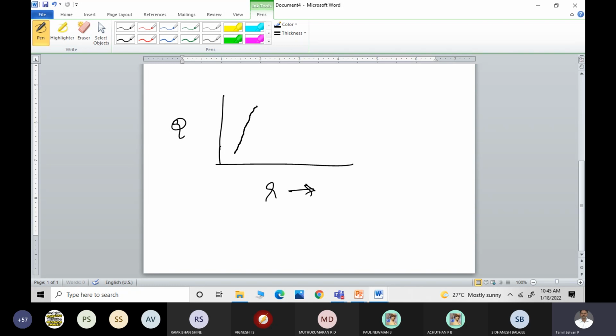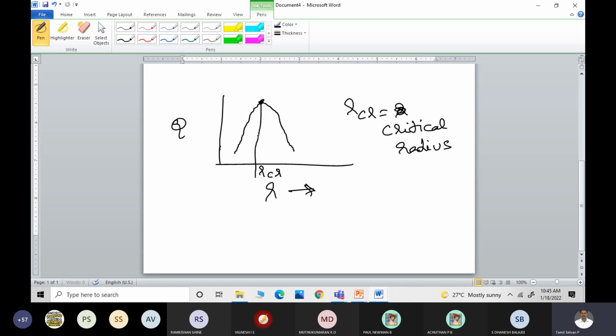The heat transfer rate increases, reaches a maximum peak, and then again reduces. This particular radius is said to be R suffix C, or RCR, the critical radius of insulation.